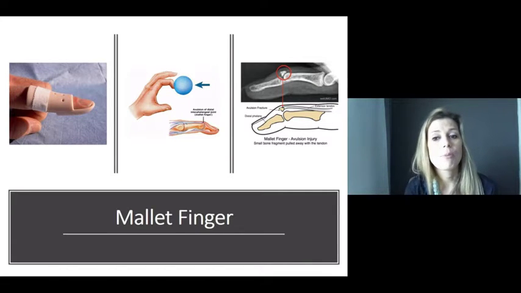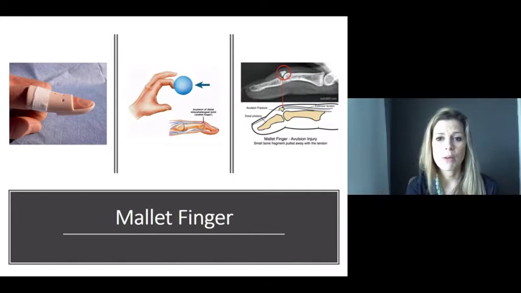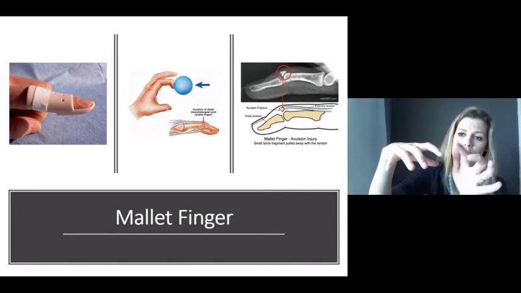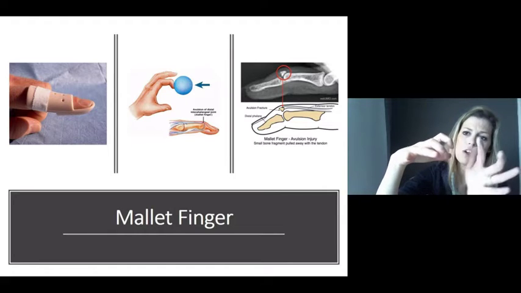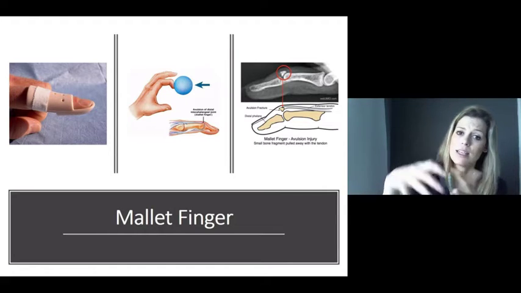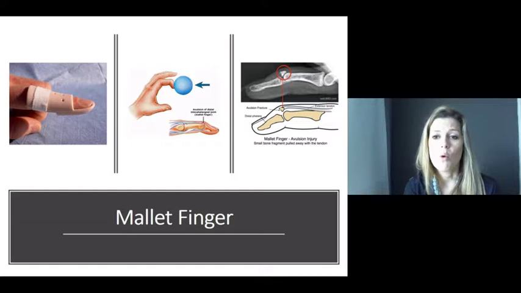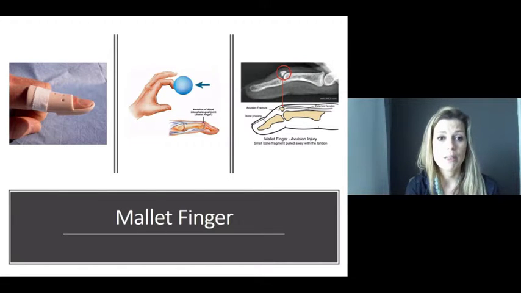Some injuries that you'll be learning about in various courses to the extensor mechanism. Mallet finger is a really big one. So if there is trauma to the tip of the finger where it's forcefully flexed, for example, from a ball or a racket or bumping into something or someone, you can actually tear off your terminal tendon.